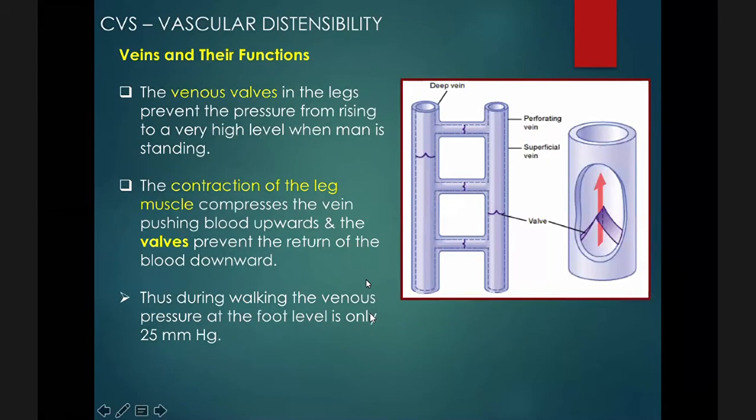Okay, the veins have valves, and this has an important mechanism because every contraction of the muscles, it will compress this vein and blood, the pressure will rise. So it will push this valve up, open, and the blood will go up. And then, kunwari nag-relax na si muscle, the pressure decreases, so blood will go back, but because this valve will close, hindi na siya makakabalik.